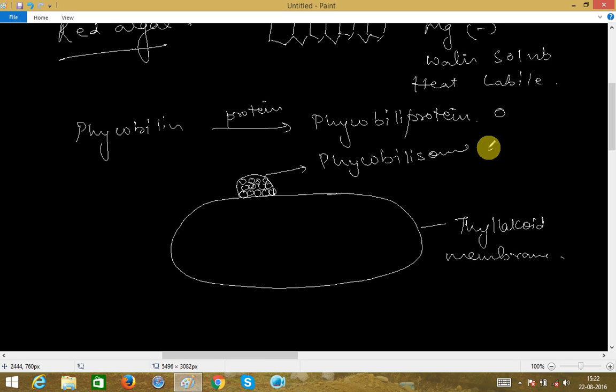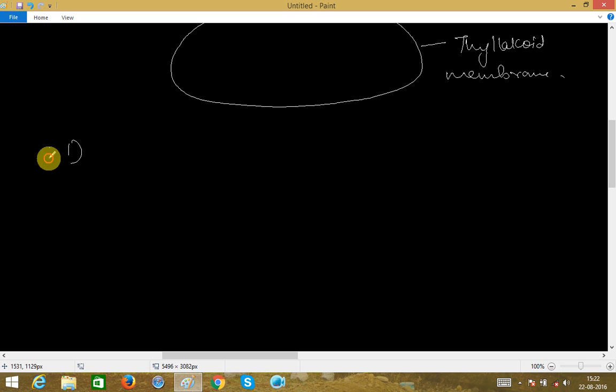So in red algae, they will get aggregated. Phycobilins join with protein over the thylakoid membrane and form a complex-like structure which is called phycobilisome. Function of phycobilins: again they act as accessory pigments for absorbing light energy and transferring it to chlorophyll A. Same thing, they act as accessory pigments.